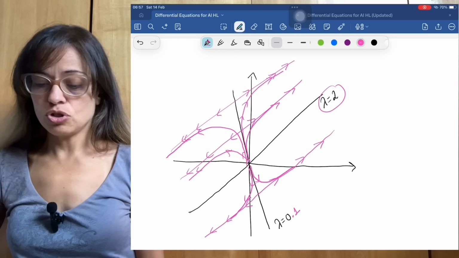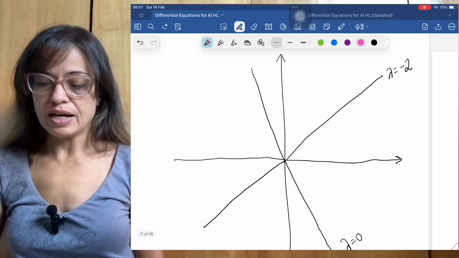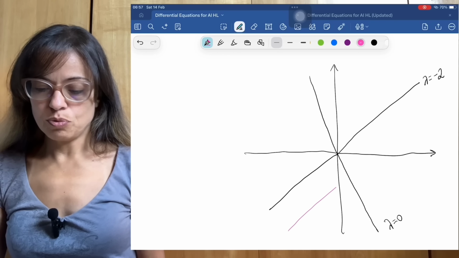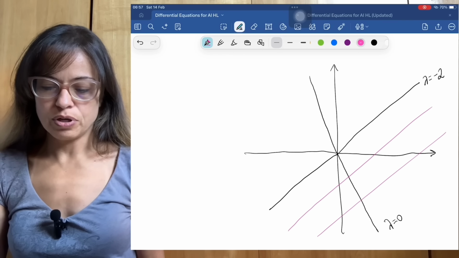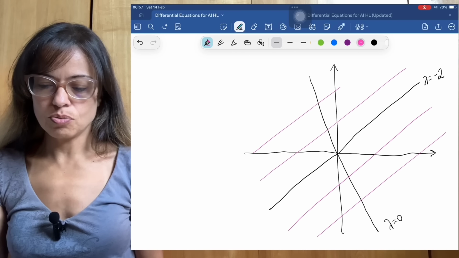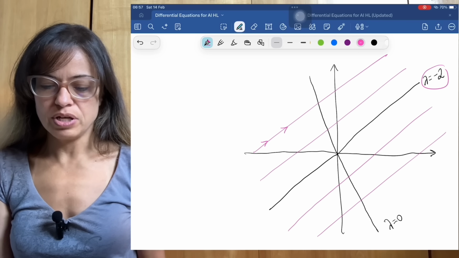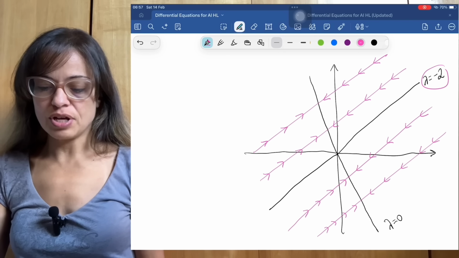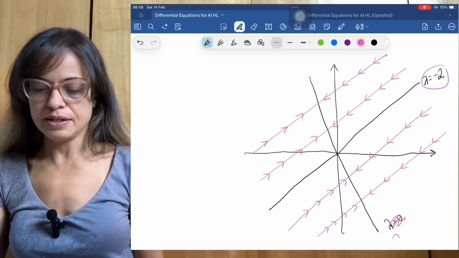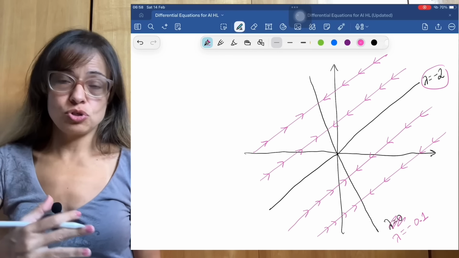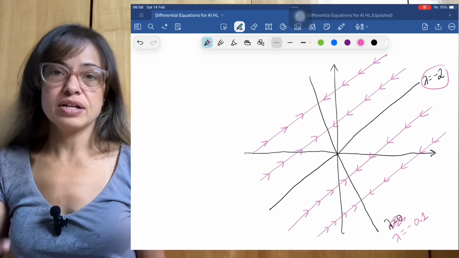You can also use this to think about the two different negative eigenvalues case. Again, if one of them was 0, nothing would be moving in that direction, so everybody would be parallel to the other one. But in this case, it's negative, so the trajectories are going in. Now, if you change that 0 to something that is slightly negative, like negative 0.1, now everybody wants to go in, but the picture can't change a lot.